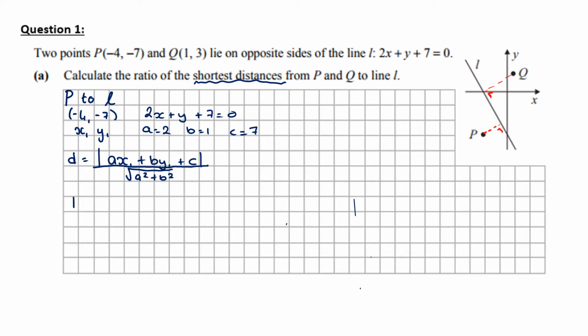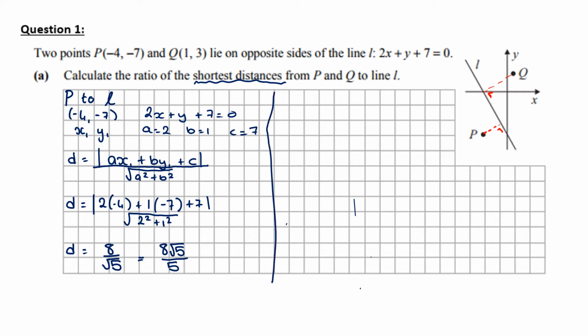So subbing into our formula here, we get 2 times -4 plus 1 times -7 plus 7, over the square root of 2 squared plus 1 squared. And working that out, we get 8 over root 5. If you're putting that into your calculator, it will probably simplify it down to say root 5 over 5. Both are the same.